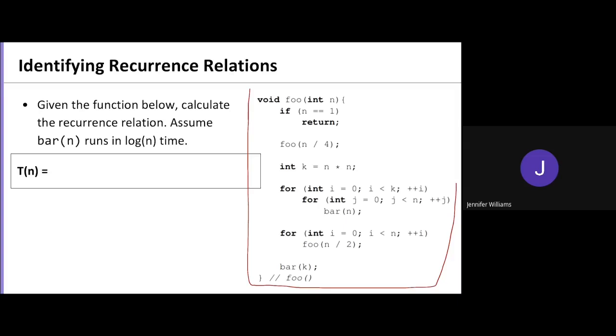It's code, a recursive function. Try to identify the recurrence relation here. I'll give you 3 minutes to work on it, and then I'll go over it with you. Try to look at what the complexity is for this line, this line, and this and this.